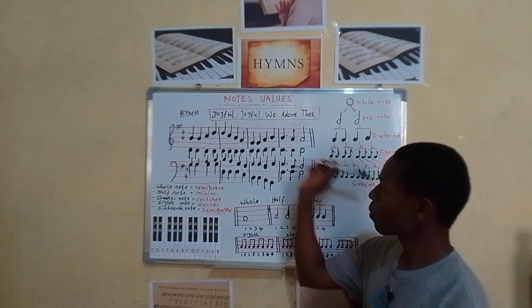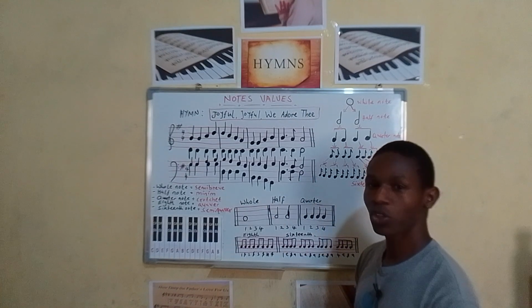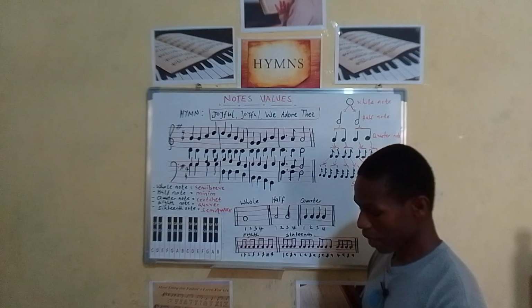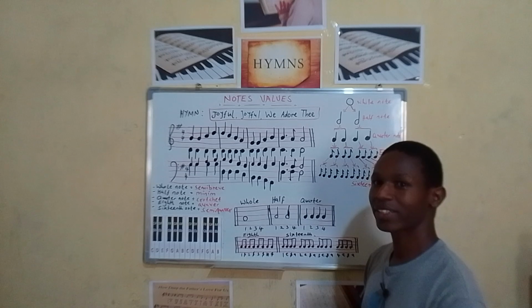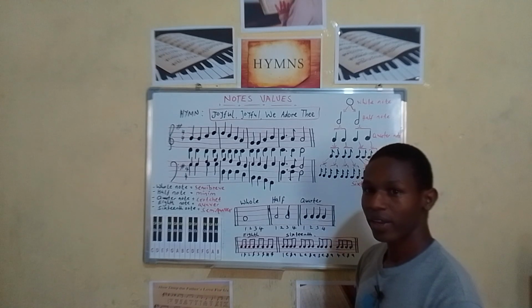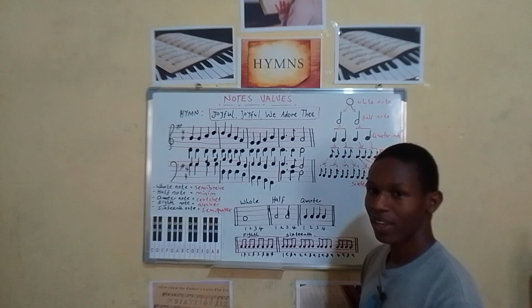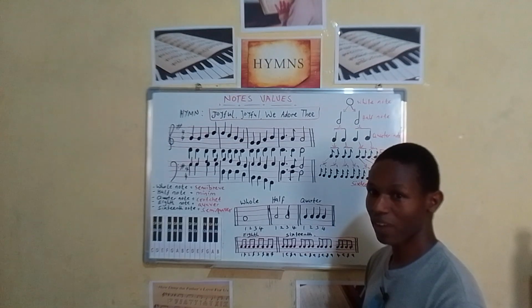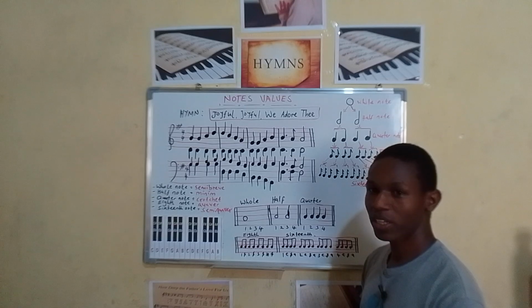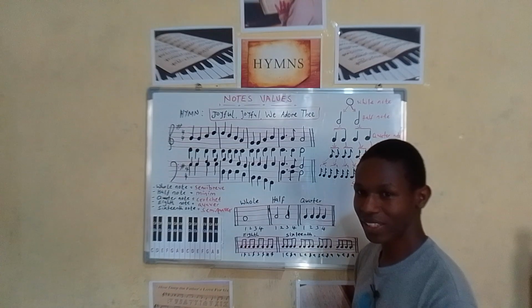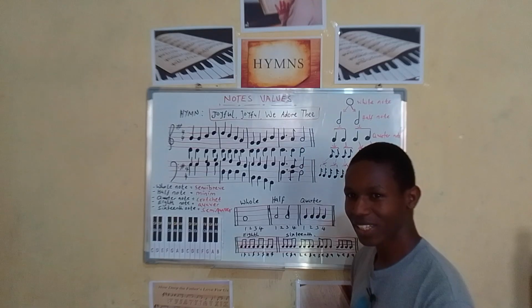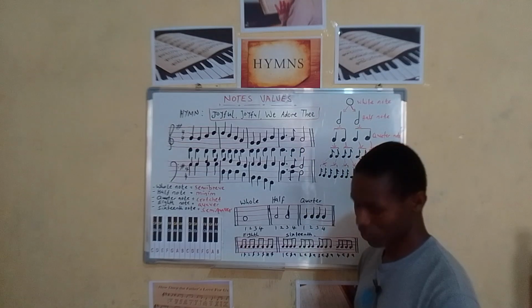We are going to use a very popular hymn, Joyful, Joyful, We Adore Thee. This hymn was written by someone called Henry van Dyke. He was inspired by the sunrise over the mountain, and when he wrote this hymn as a poem, he handed it over to the college president, Harry Augustus, in the year 1907.